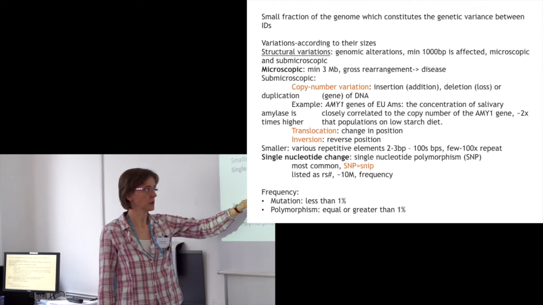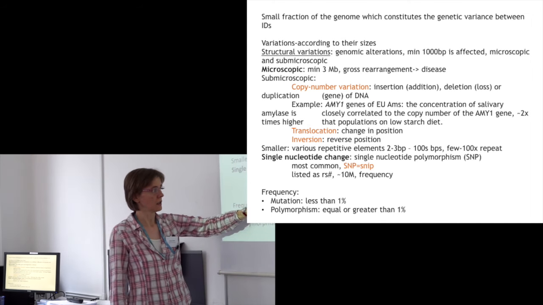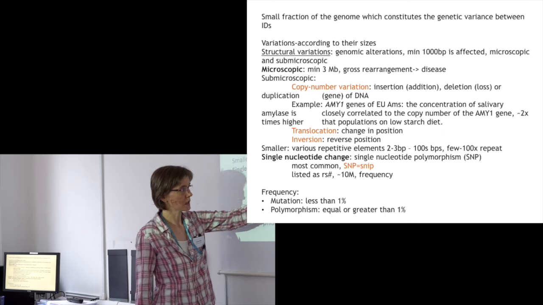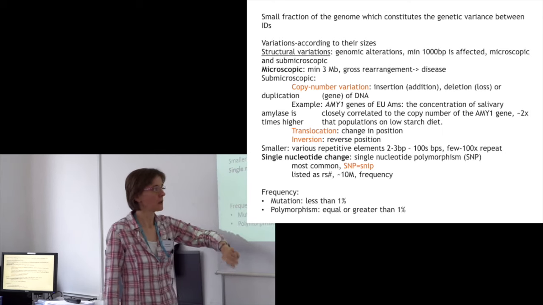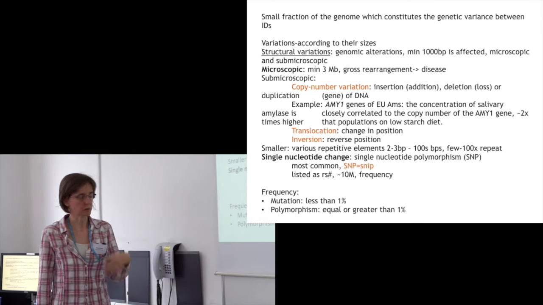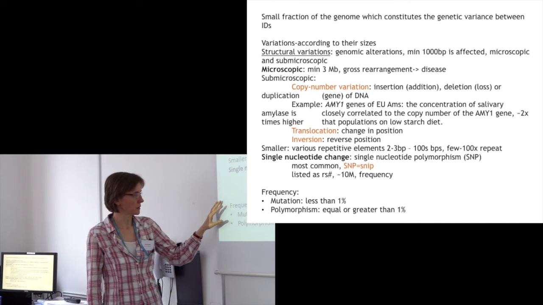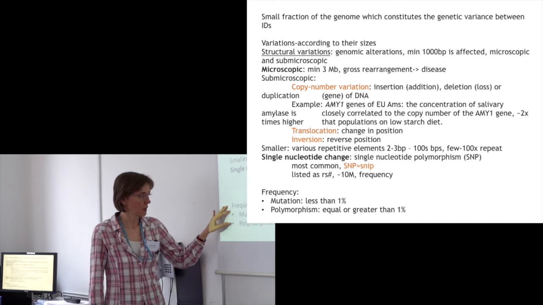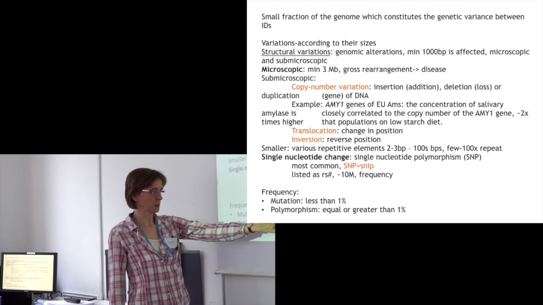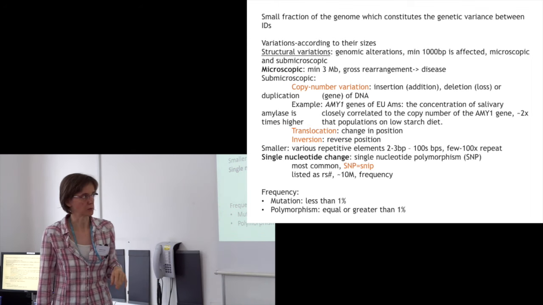They are very common, to the extent that they have their own databases, where they are listed according to RS numbers, and they are called single nucleotide polymorphisms, and we pronounce them as SNP. Their frequency is also listed in those databases because they are not present with the same frequency in populations. Now, mentioning frequency, there is a distinction between mutation, which is less than 1% in a population, and polymorphism, which is equal or greater than 1%, but this is just terminology.